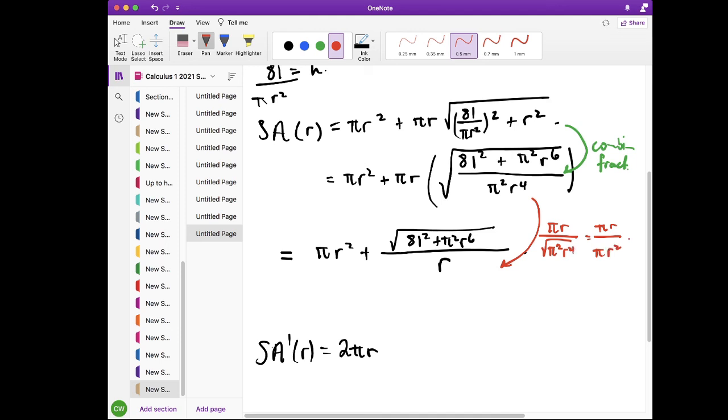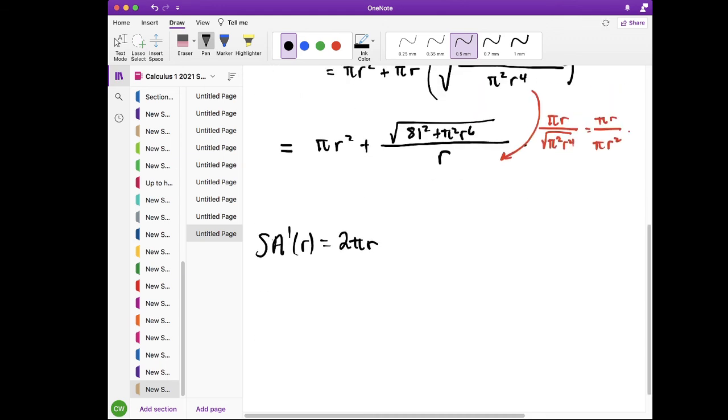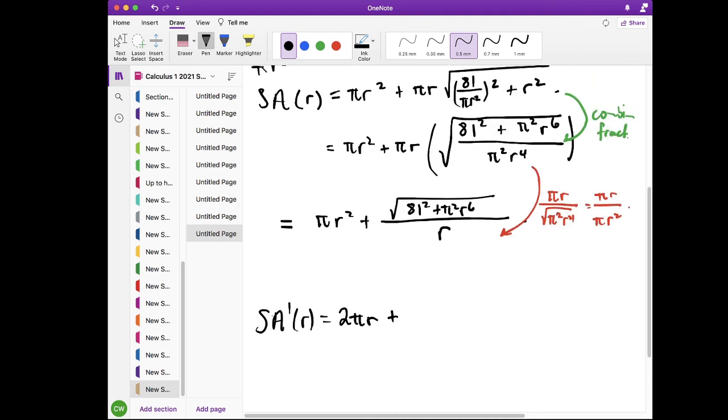That's why we're left with an r. Okay, so when you take the derivative, notice that we just got rid of the product rule. So now we can just deal with one quotient rule instead of having to do a product and then a quotient and a chain. So we simplified it down to something a bit nicer.